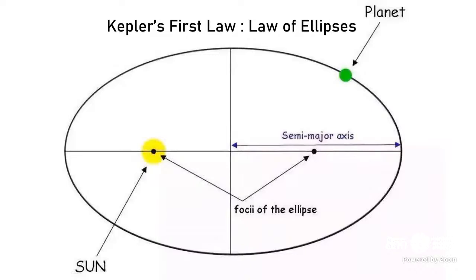Kepler says that for any two celestial objects, where one is very massive and the other is less massive, for example the sun and a planet, which could be Earth, Mars or any planet, the planet orbits in an ellipse that has a major axis and a minor axis, and the sun is at one of the two foci of the ellipse.